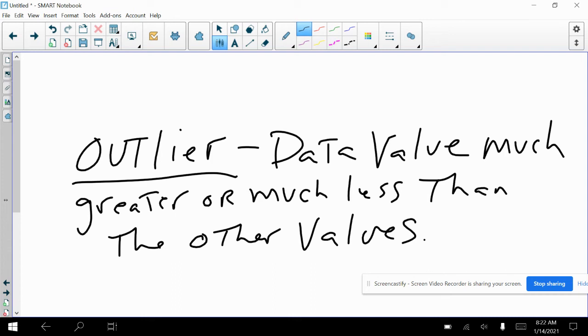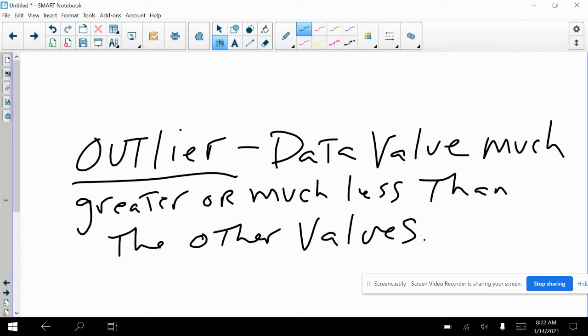Okay? But here, I'm going to show you why the outlier is important. Because they're going to ask you to find the mean with the outlier. And then they're going to ask you to take it out and find the mean without the outlier in there. So the outlier is going to affect the mean. Because think about that. Go back to the first example, all those high scores that you got, and you got a 5.